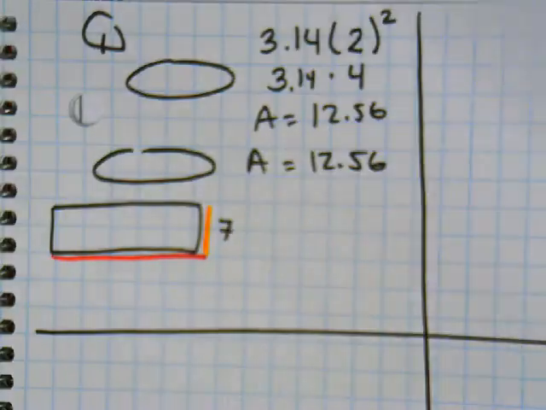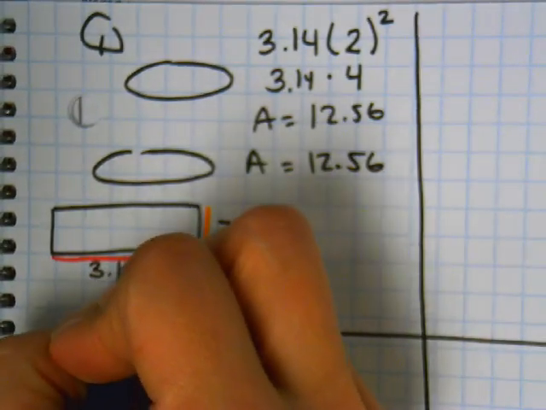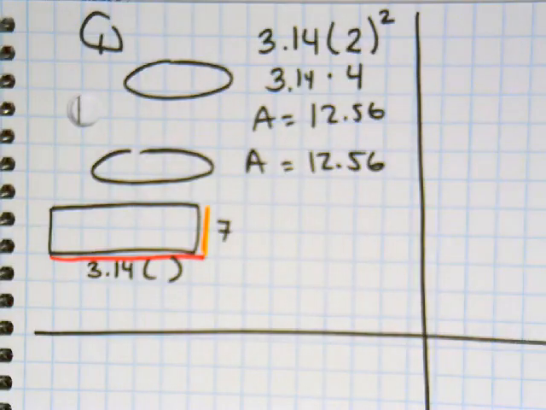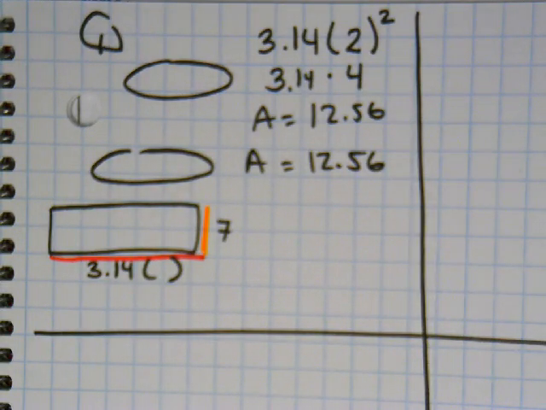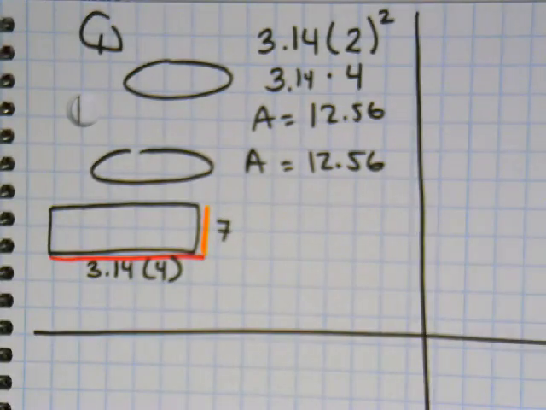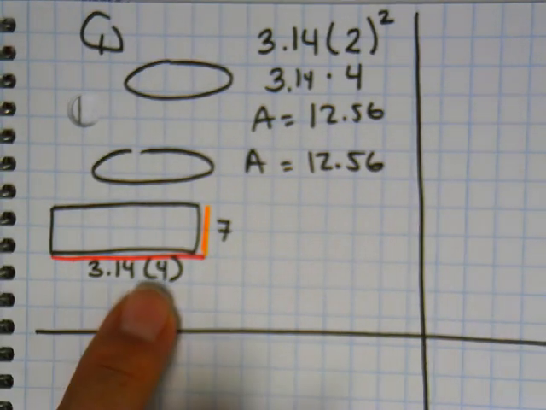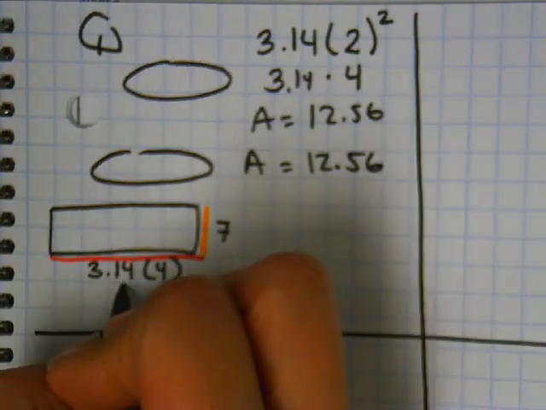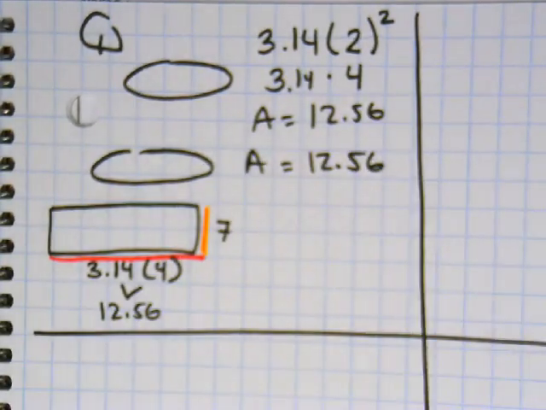Pi times diameter. 3.14 times, what is the diameter of number 1? 4. The radius is 2, so if the radius is 2, then the diameter is 4. All right, what's 3.14 times 4? Am I done? Nope.